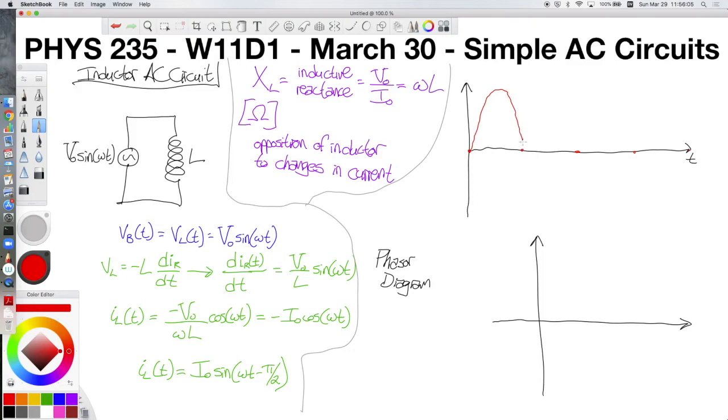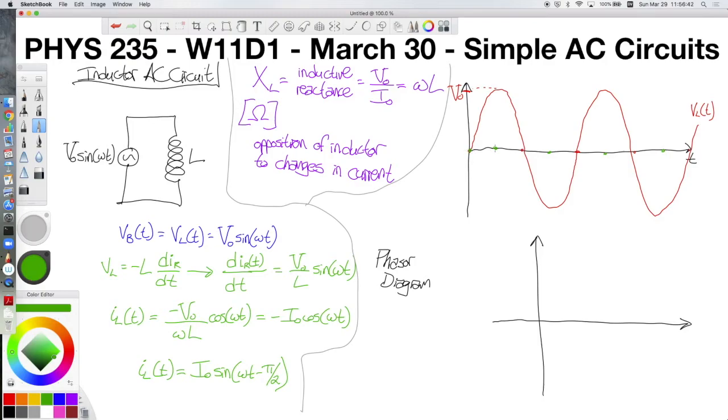We still have our voltage across the inductor here, making a nice steady sine wave, as a function of time with its maximum value V naught. But now our current through the inductor is a negative cosine, or a sine that is phase shifted by negative pi over 2, which means we took sine and we moved it pi over 2 to the right.